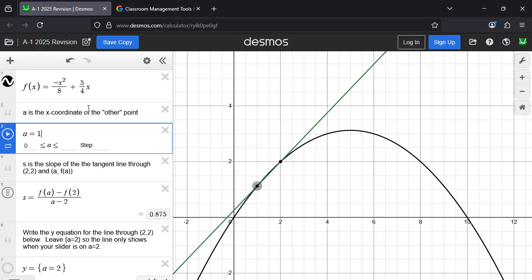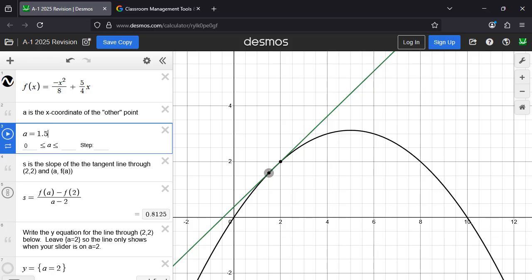That is an estimate for the rate of change at x equals 2. And then I think the next number that I have is 1.5, so I will change that. I'm going to bring that point a little bit closer, and I think I'm going to get a better estimate by doing that. And now I've reduced my number to 0.8125.